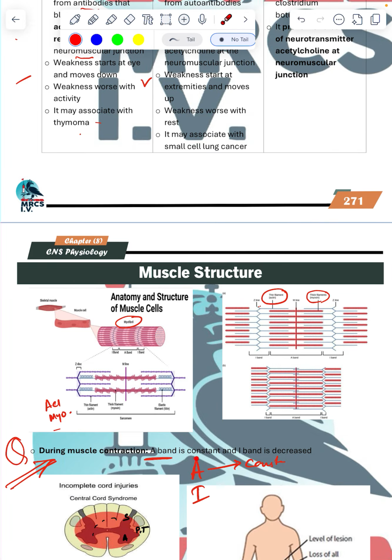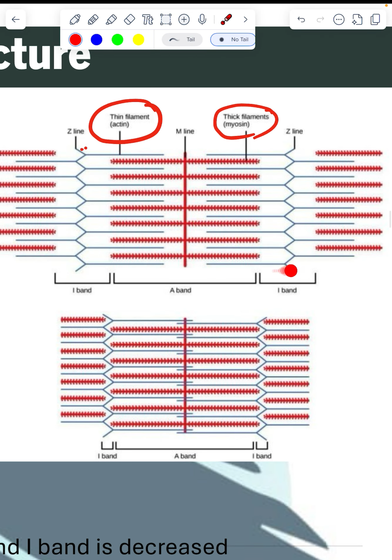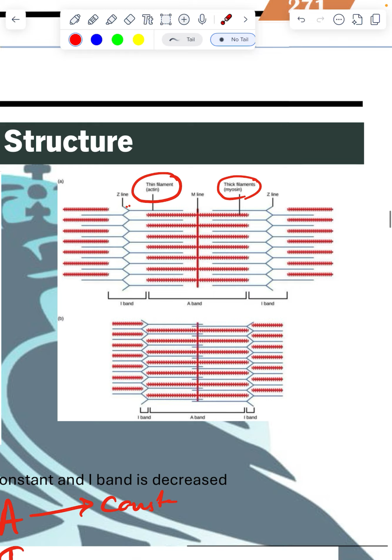During muscle contraction, the A band is constant, the I band decreases. This is I band, this is I band, and A is in the center. This is sliding. You see here the I band has decreased in size, the A band is constant.